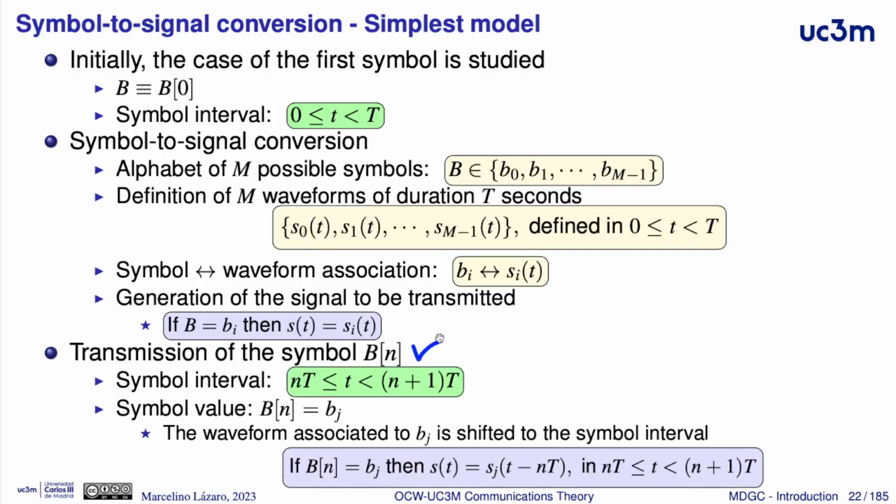If we transmit now the symbol at discrete instant n, the corresponding symbol interval is between n times the symbol duration and n plus 1 times the symbol duration. If the symbol is the symbol of index j, the signal in this interval is the signal of index j. Of course, to have a support in the symbol interval, this signal that initially is defined in the interval between 0 and capital T must be shifted, must be delayed n times capital T seconds.